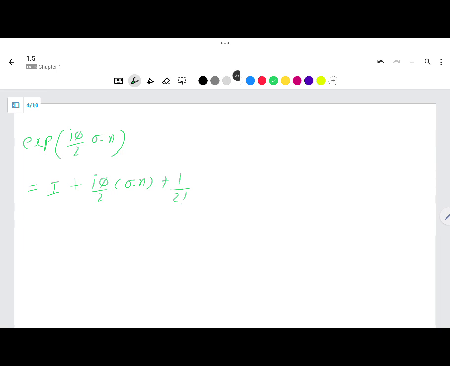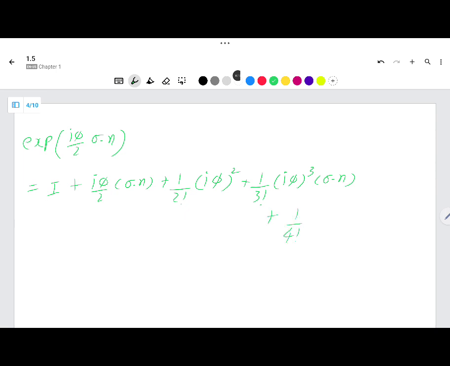The next term will be the square of this, so instead of that, I will just put identity. There will be a cube, so this will also be squared times the first power; odd terms will give me just sigma dot n.